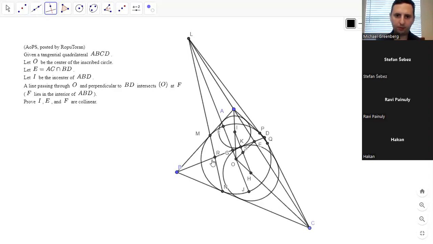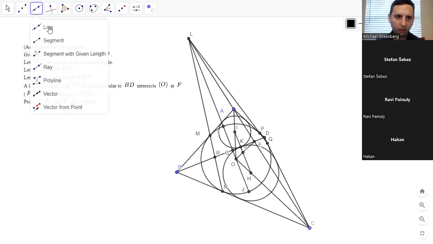Maybe we could find the cross ratio GKER. Oh, I think I may have solved it, but it looks a bit strange.